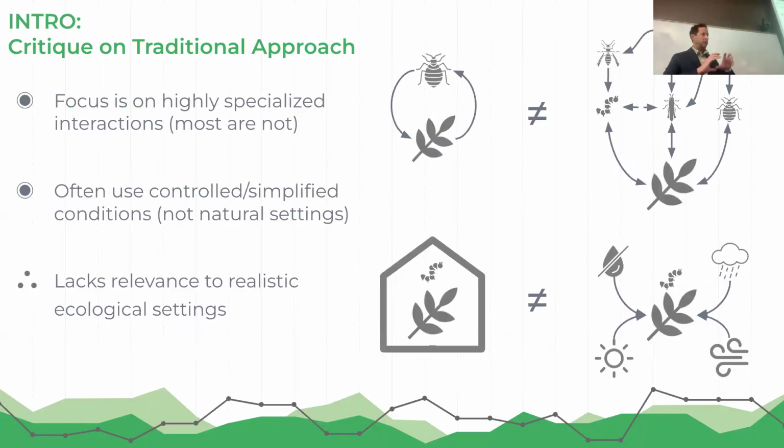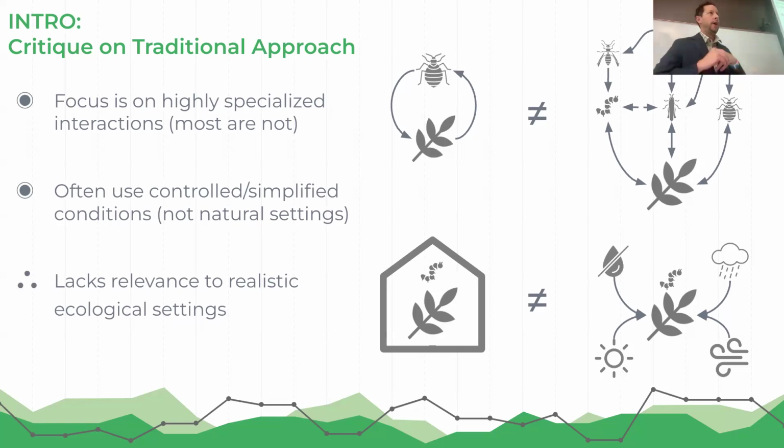While it's very beneficial, and I think it has produced quite a lot, there are obviously some critiques, as with any approach to research. Here are two critiques and then a summary. Often the focus in plant defense research is on highly specialized interactions. We might be interested in one particular insect herbivore species and one particular plant.